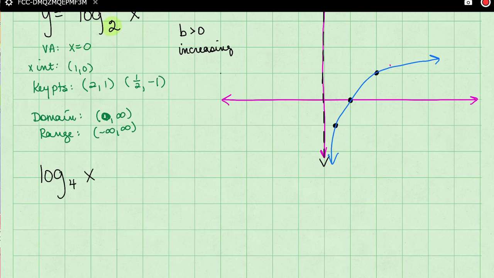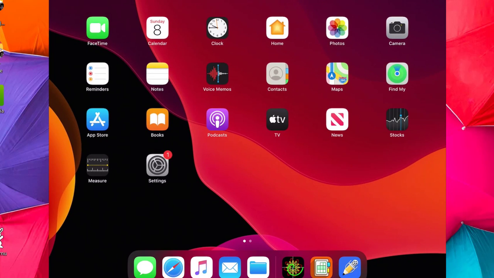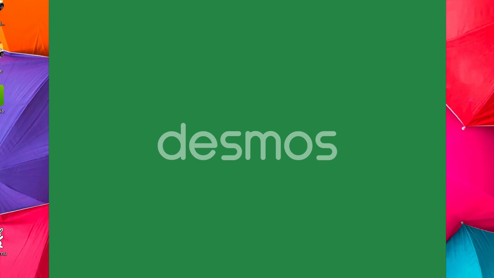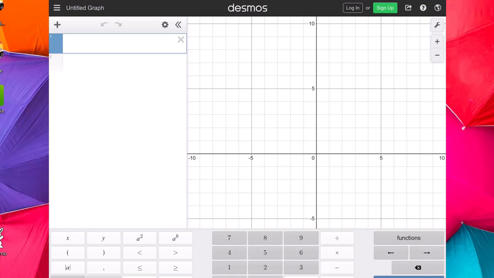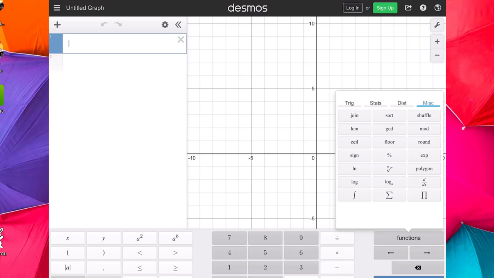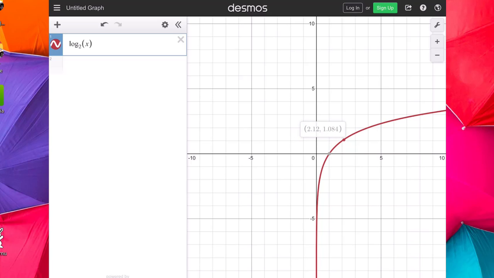And I'll just show you. Obviously, let's go to Desmos. Let me see if I can find my Desmos calculator here. So for log functions, you hit functions, and there is a log under miscellaneous, log base a, so log base 2 of x, and you can see, and then you can find those points.